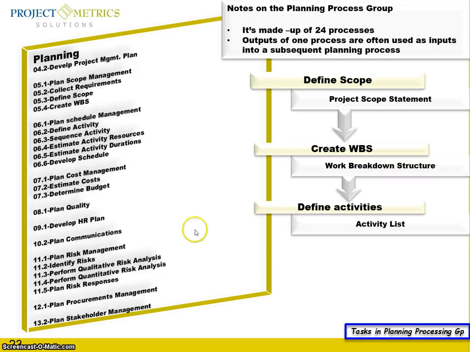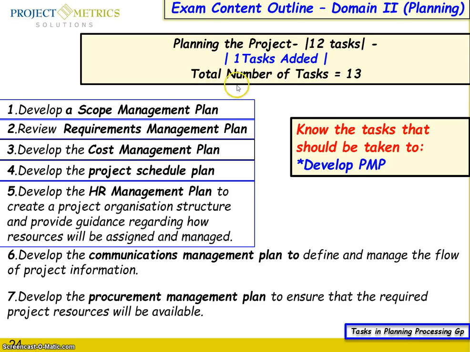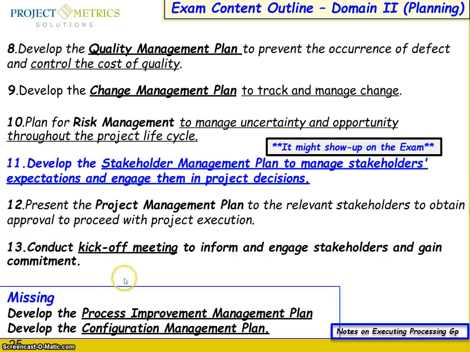When you develop your project management plan, having done that, the last step is to conduct a kickoff meeting to inform and engage stakeholders and gain commitment. You will find some missing here, like the process improvement plan and the configuration management plan, but don't worry. I just ask you to pay attention that they are not in the tasks. They should be there.